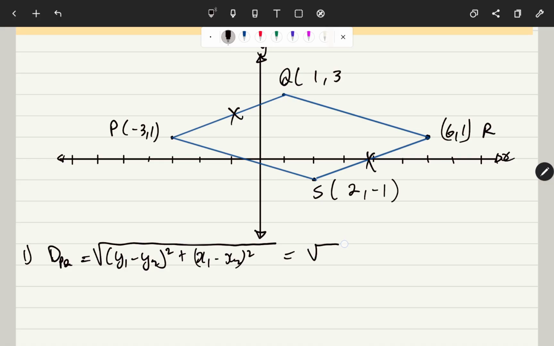And now substitution. So y1, I will take it from P, that's 1 minus 3 squared, plus then it's x now, which is -3 minus 1 squared.